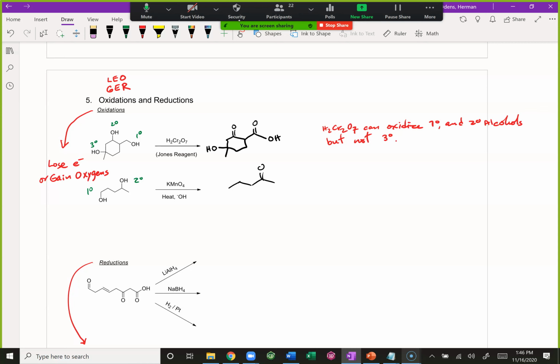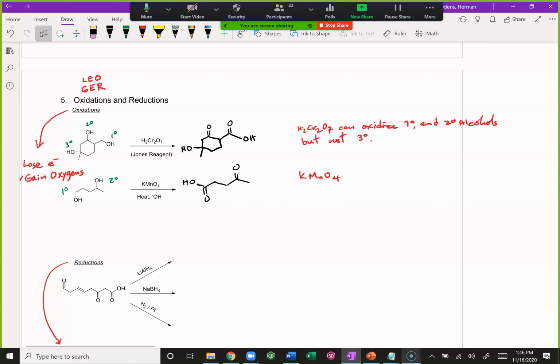And the primary gets converted all the way to carboxylic acid. So potassium permanganate can oxidize primary alcohols to carboxylic acids and secondary alcohols to ketones.